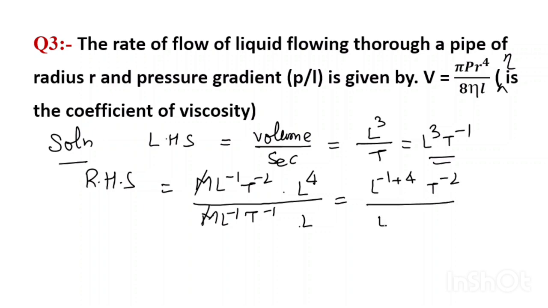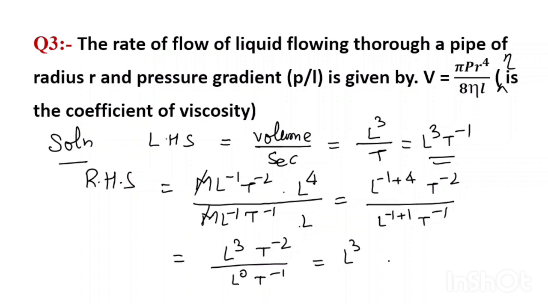In denominator L power minus 1 plus 1 into T power minus 1. So numerator term will be L cube T minus 2, denominator L power 0 into T power minus 1.